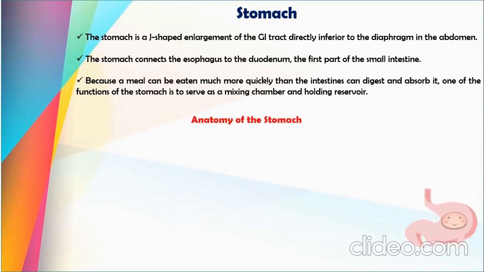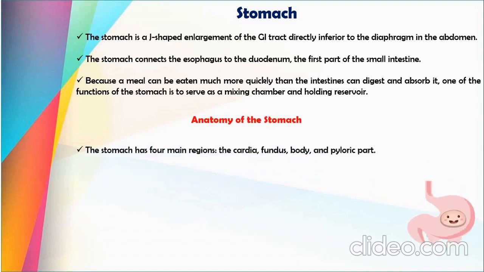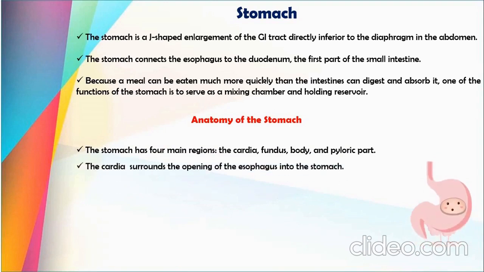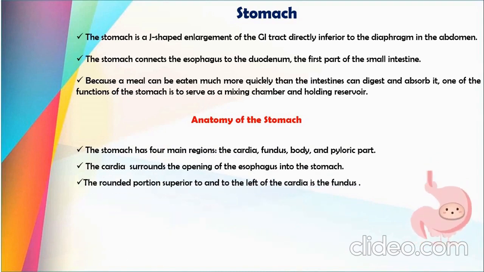Next is the anatomy of the stomach. The stomach has four main regions: the cardia, fundus, body, and the pyloric part. The cardia surrounds the opening of the esophagus into the stomach. The rounded portion superior to and to the left of the cardia is the fundus.